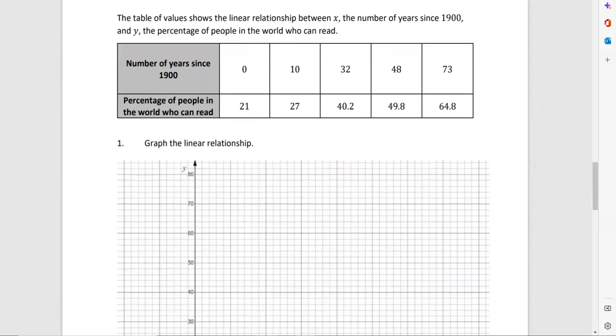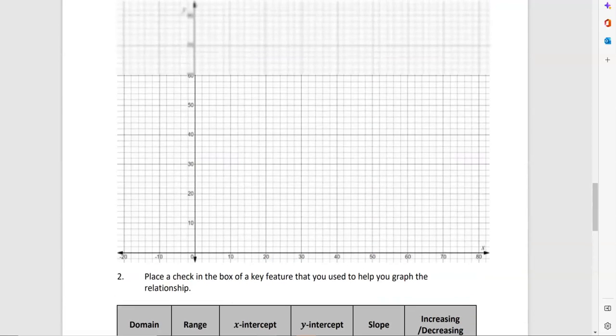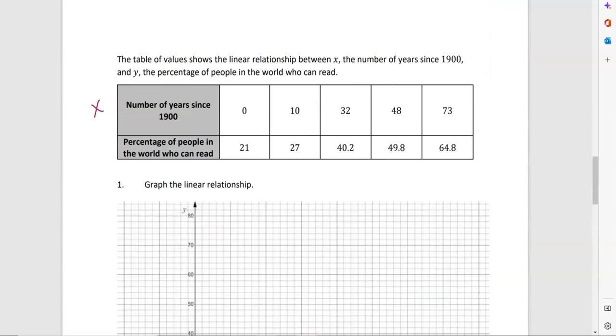All right, so our first two examples gave us equations, right? Well, the first one gave me an equation and a table. The second one just gave me an equation. Our third example just gives me a table. The table of values shows the linear relationship between x, which is the number of years since 1900, and y, the percentage of people in the world who can read, right?